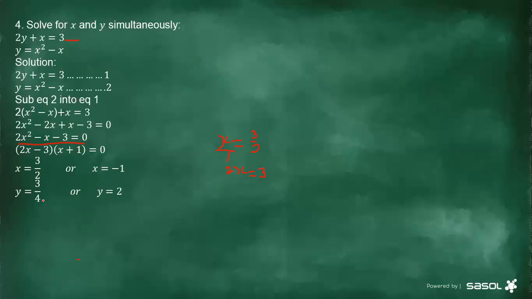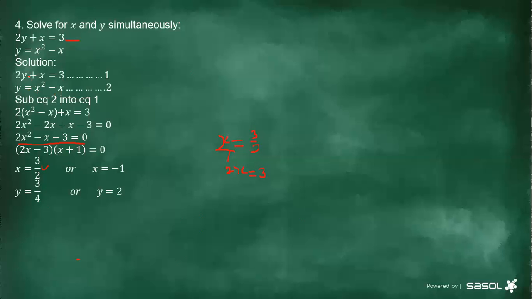Now, for the corresponding y values, we're going to take this 3 over 2 into one of these equations to determine y. And I always advise learners to use the one where y is the subject of the formula, this one.